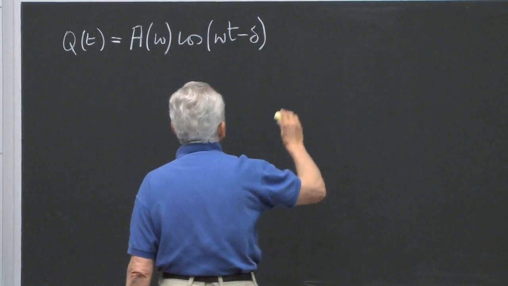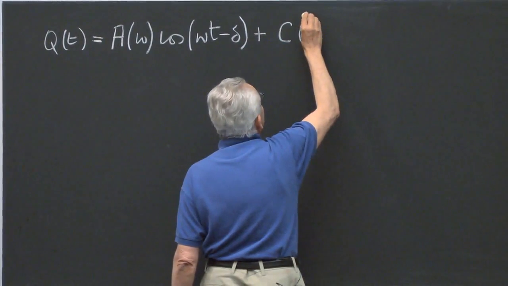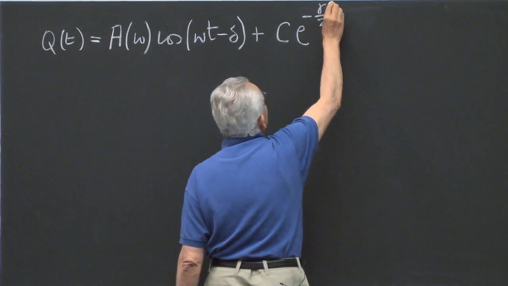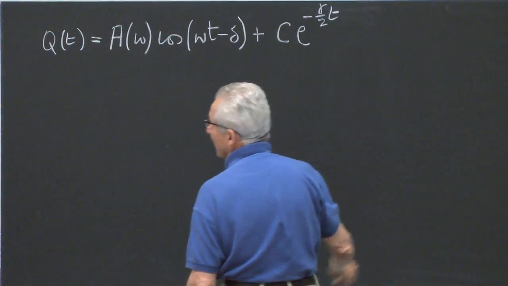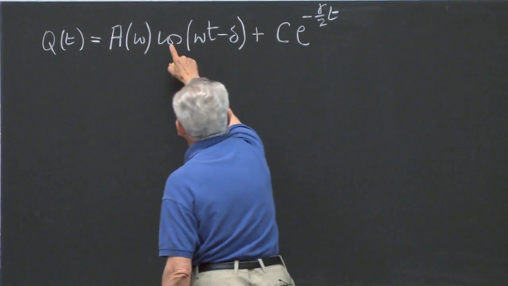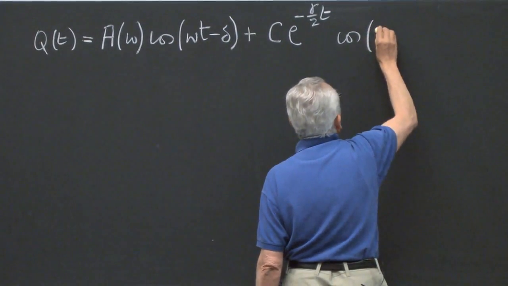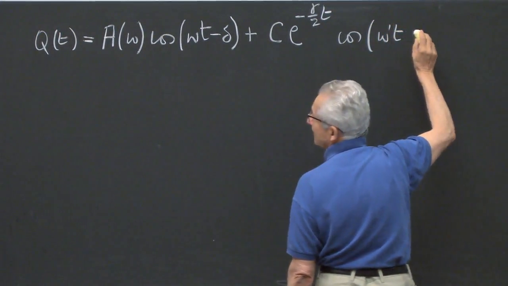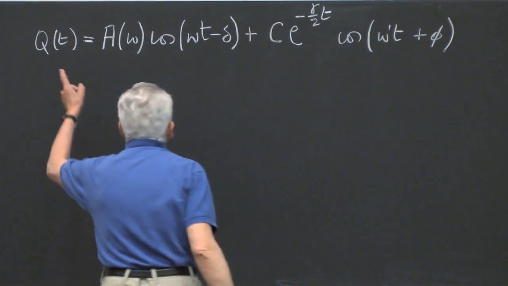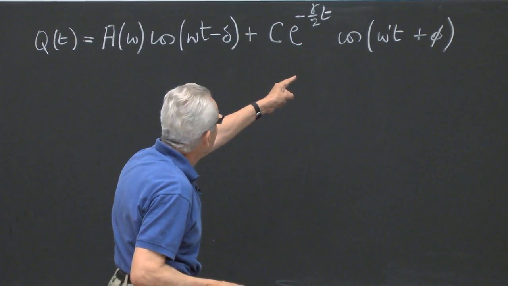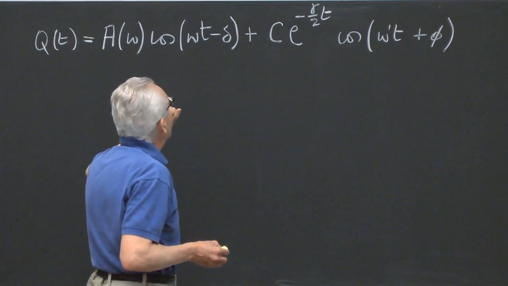Plus some arbitrary constant C, e to the minus gamma over 2 t. And here we have a cosine, cosine of omega prime t plus this arbitrary phase phi. Okay? So this is a general equation which satisfies that one at all times.